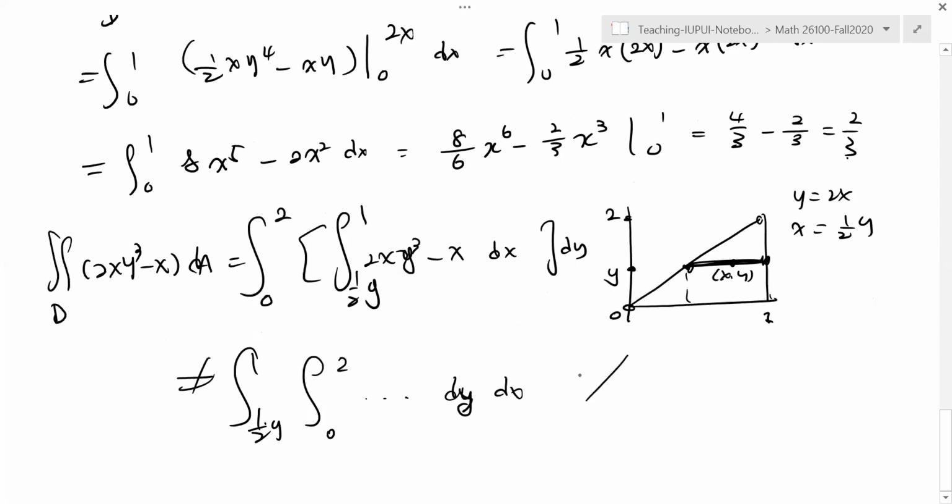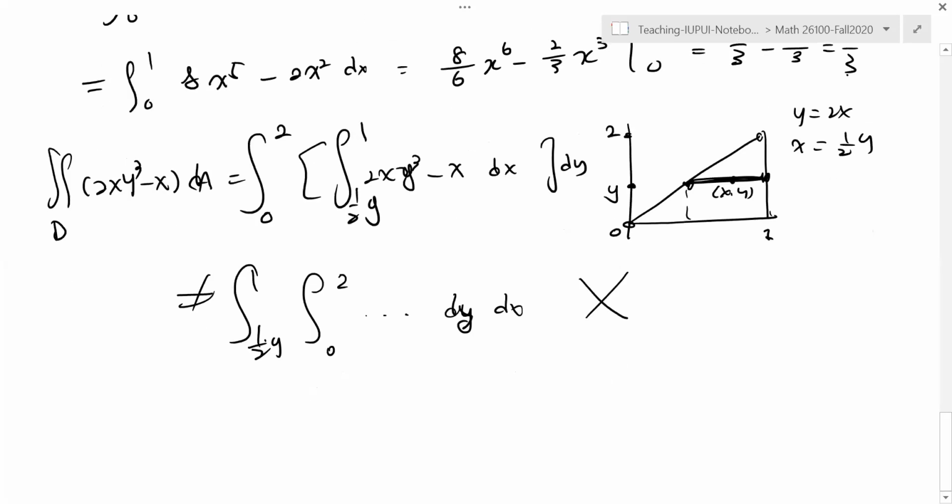This is clearly wrong. For an iterative integral, we never had something like that: the integral outside has an upper or lower bound for the variable that involves another variable. Never. You did not even think about how to set up an iterative integral, you just put it there. So it's harder for me to give any partial credit if I see an integral like that.